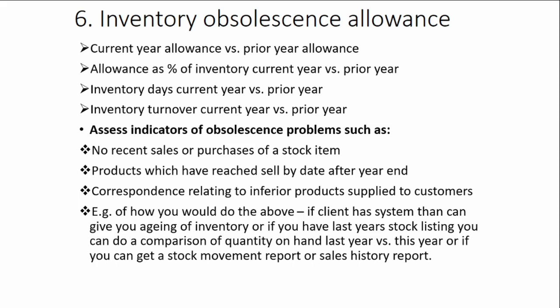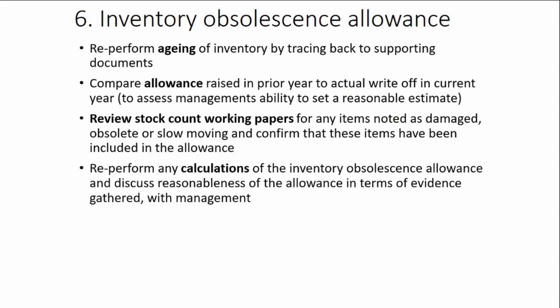So we are basically looking for an indication that management has applied the policy correctly and that the policy actually achieves what it is meant to do. And these types of ratios will assist us in determining the reasonability of the stock obsolescence. Also, when we're testing stock obsolescence, we want to look at the aging.